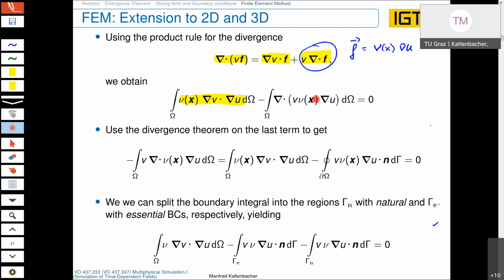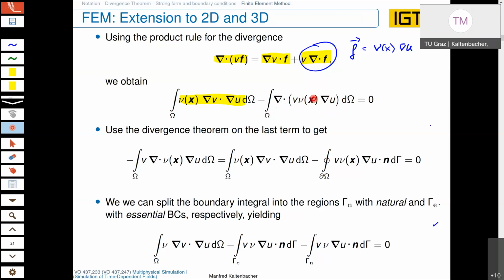In addition, what remains is clearly this part here, where we have to take the divergence of the test function, material parameter, gradient of u. And you know, the divergence of a vector integrated over the volume can be substituted exactly by the closed surface integral of this term itself.